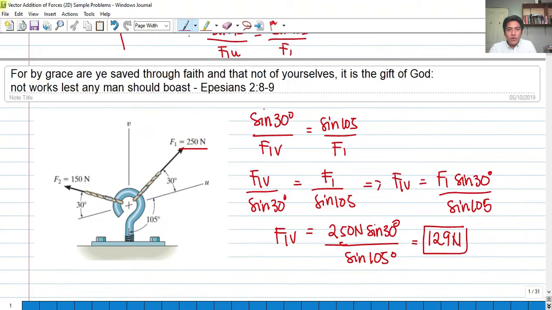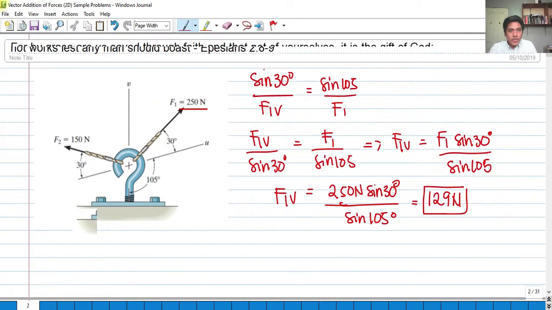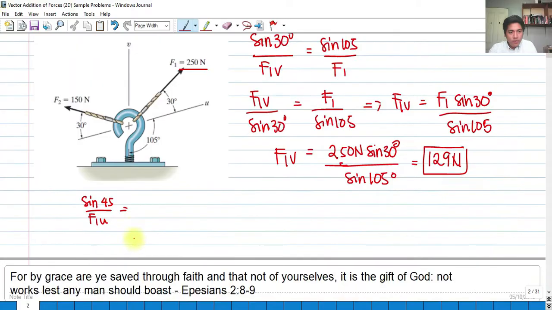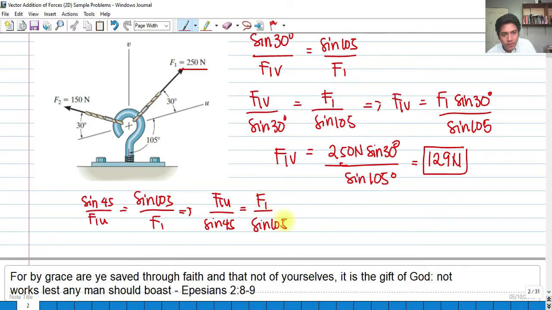So if we're going to solve that, again, let me just rewrite. Sine 45 over F1U is equal now to sine 105 over F1. If we solve for F1U, it turns out that F1U over sine 45 equals F1 over sine 105.